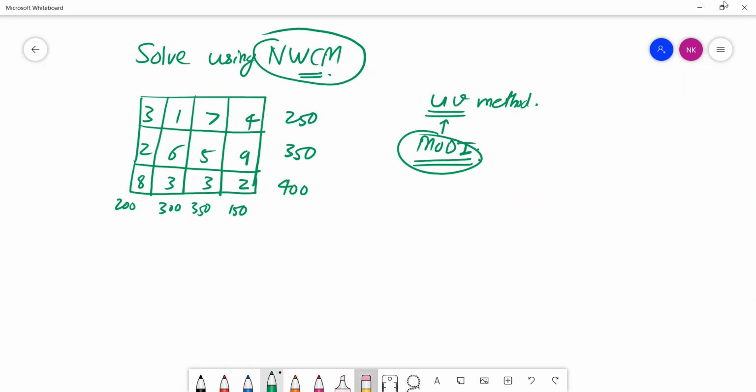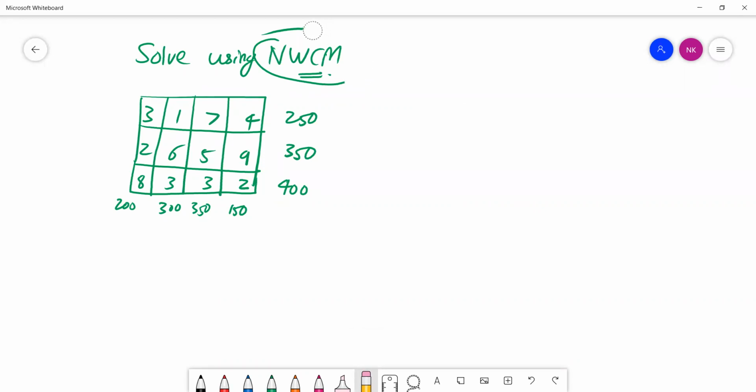This method is quite easy, but since it is the first example that we will be doing for the MODI method, it will take time to understand. Else it is a very easy method. Okay, so just quickly within 2 to 3 minutes, obtain the solution using the northwest corner method.